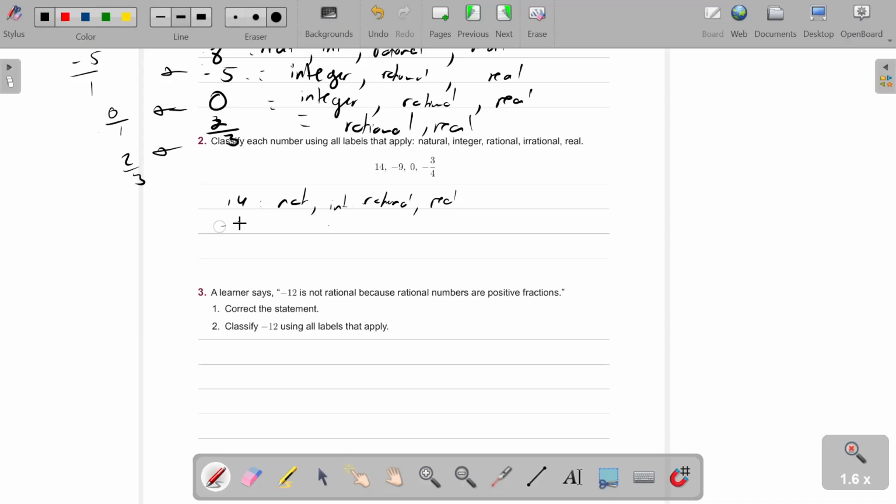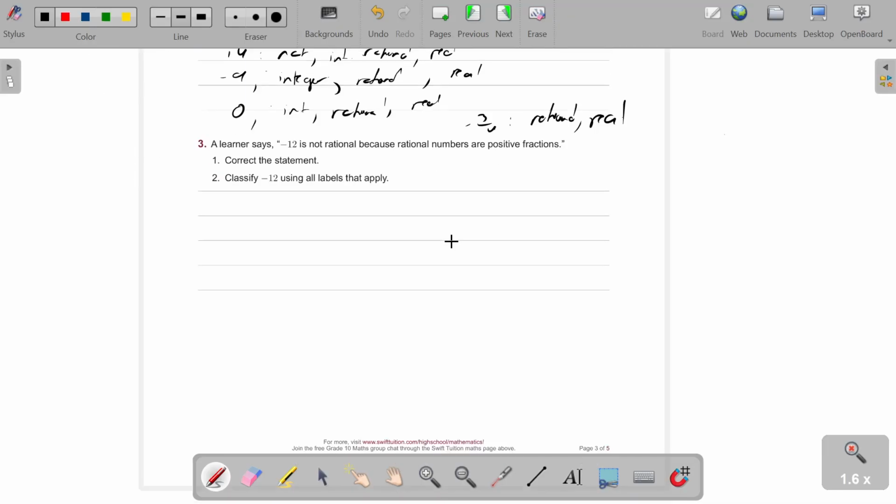And then we know the -9 is going to be an integer, a rational number, and a real number, and the 0 is going to be an integer, it's going to be rational, it's going to be real, and the -3/4 is going to be a rational number, as it's created by using integers in a fraction, and then it is also going to be a real number. So that is going to be that. Okay, cool. Hopefully that helps clarify things.